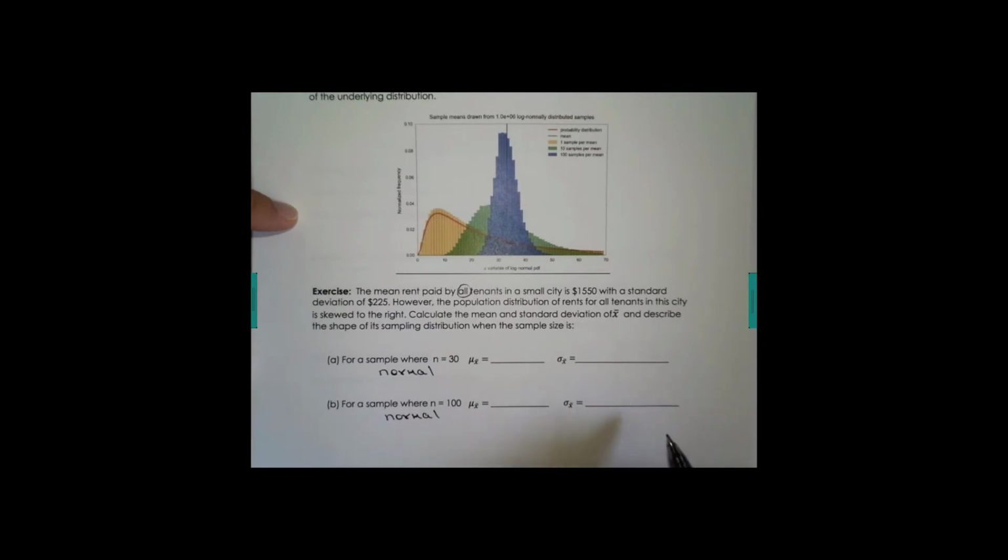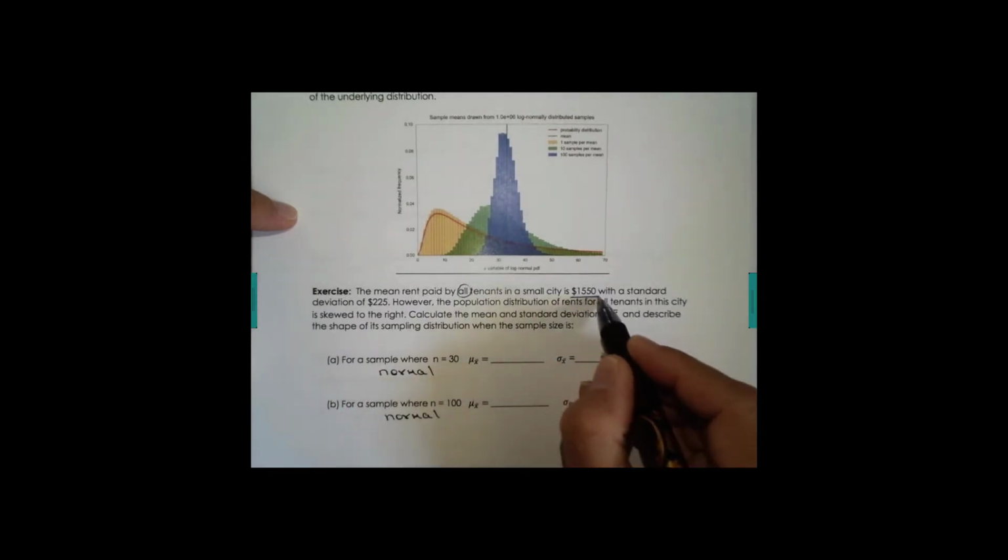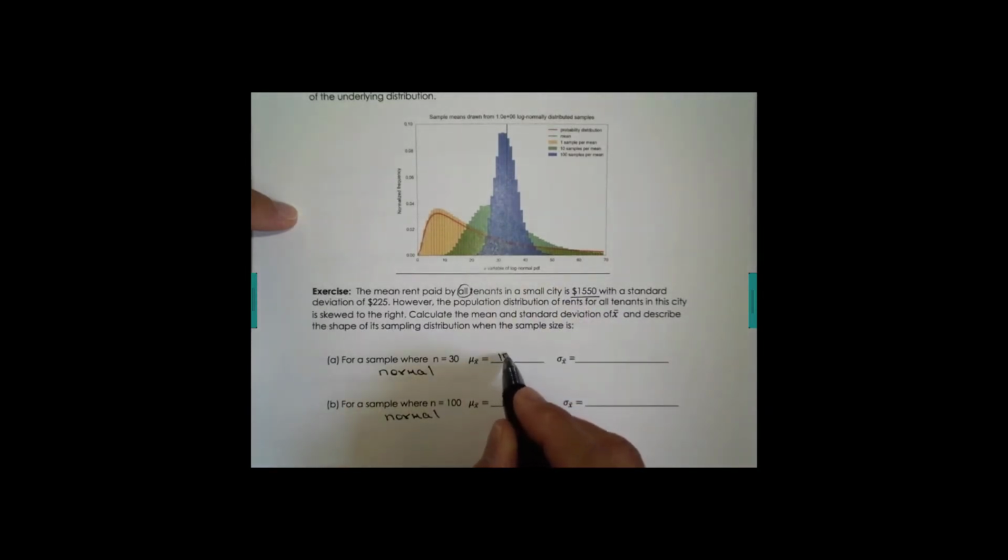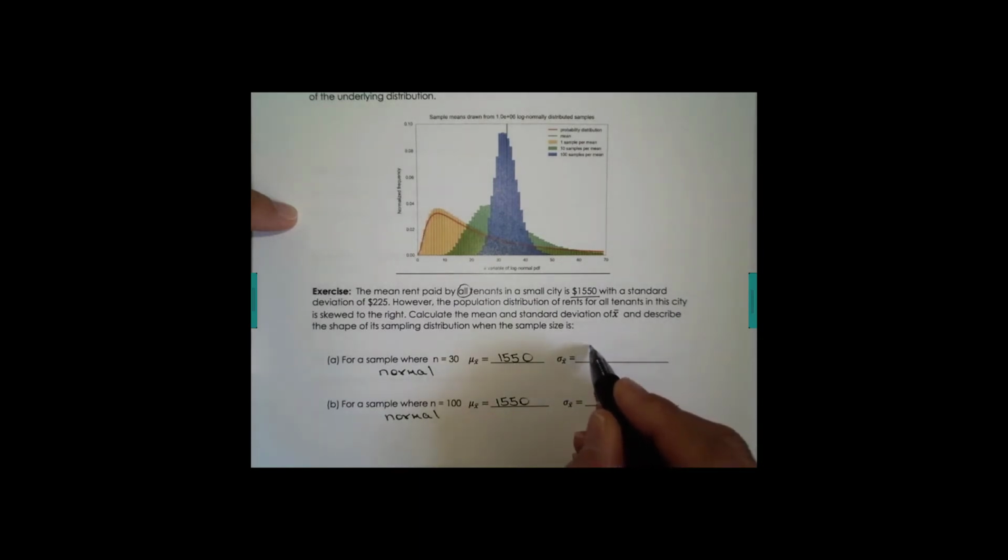Now, what's the mean? Well, the mean doesn't change. Remember that? So the mean I'm going to pick up is going to be the 15.50 for both of them. The mean of the population is going to be used for the mean of the sampling distribution of sample means. And then I need to do this adjustment for the standard deviation. I need to take the population standard deviation and divide it by the square root of my sample size, which in this case was 30.